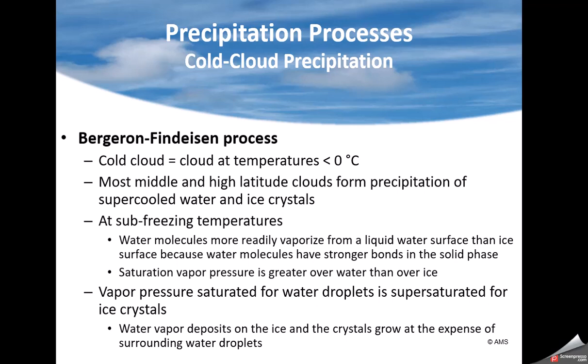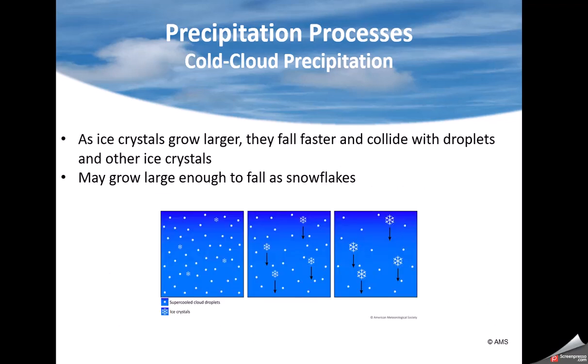So the water vapor is going to tend to flow from the water droplet to the ice. So the ice crystals are going to grow, and that is going to cause snowflakes that can fall, and it's also going to cause everything to begin to freeze up at that level. That's the Bergeron-Findeisen effect. And you can see the tiny little snowflakes gradually grow in size.